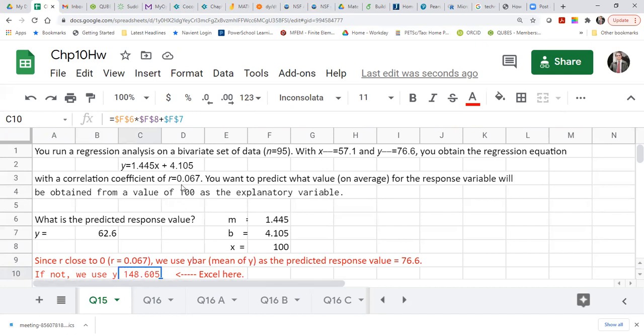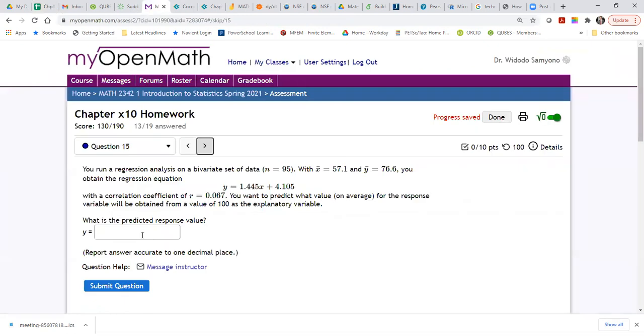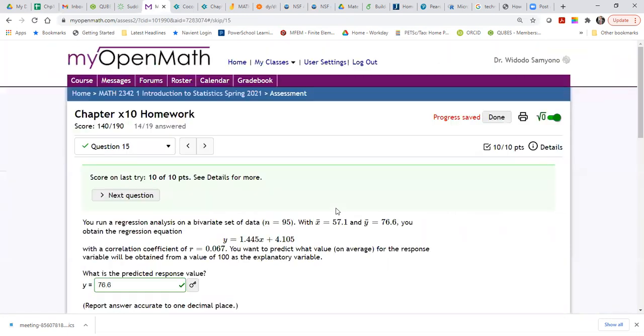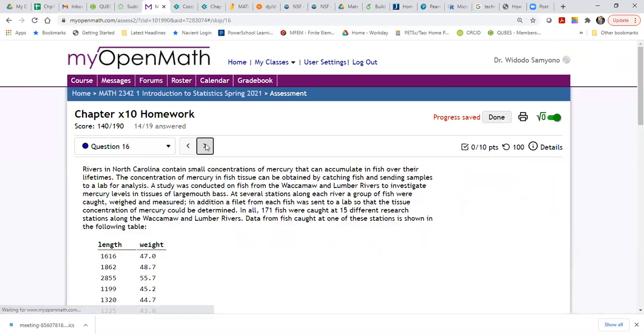But when r is close to zero, you can use the mean of the y, the predicted variable. So the answer here will be 76.6. Okay, I think that's all.